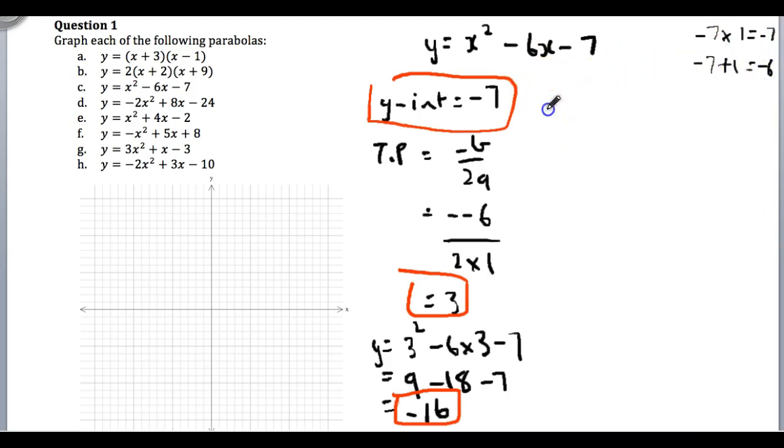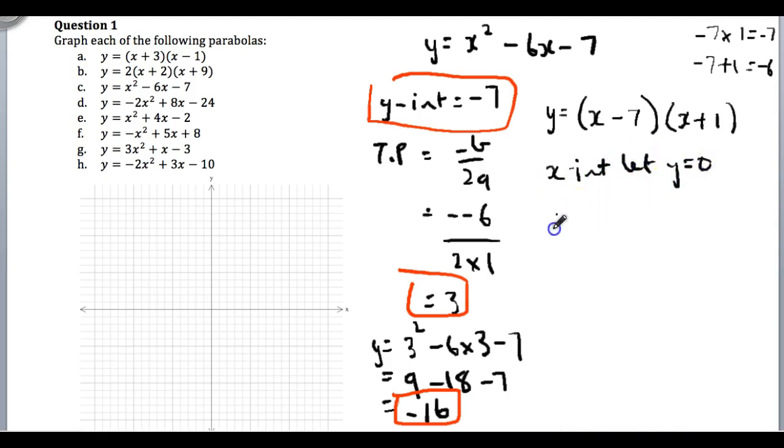So when I factorize this, I get y equals x minus 7, x plus 1. If you were to expand this, you would get our expanded form. Now I can find my x-intercepts. Let y equal 0. So we've got 0, and you might already know what they are, but let's just do the working out anyway.